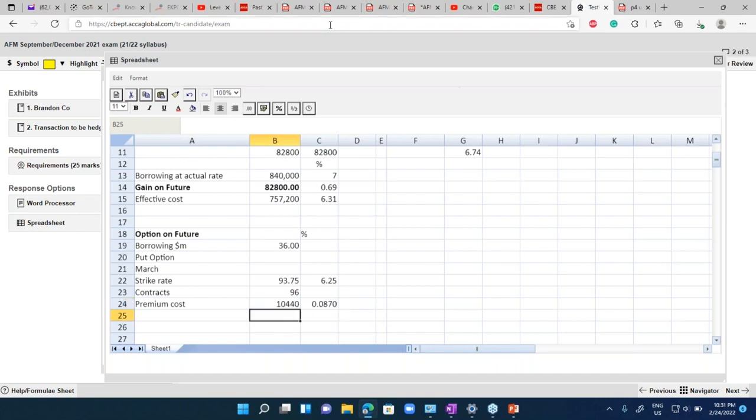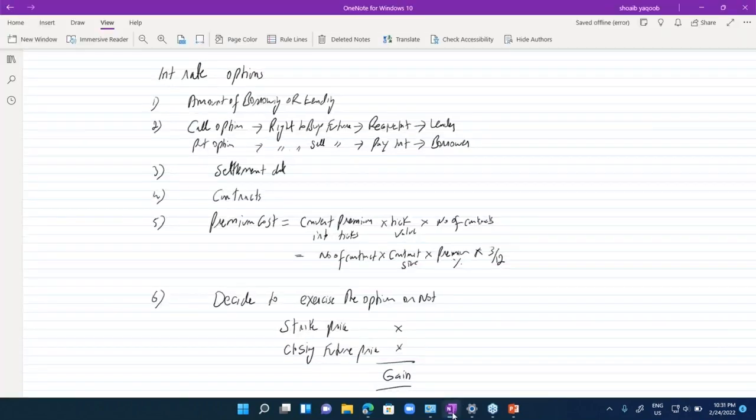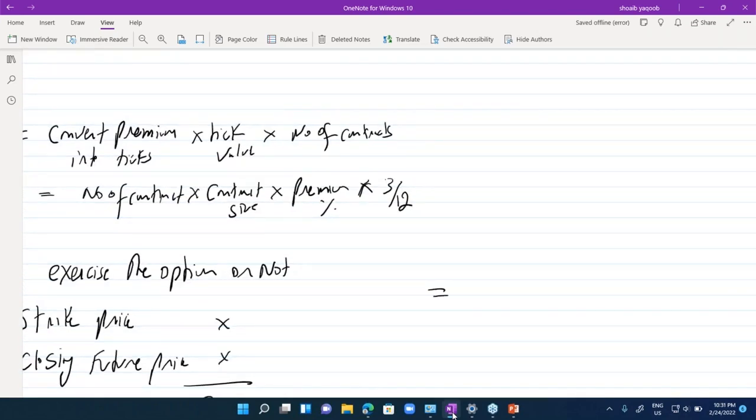You can also use this way. Tick value formula is contract size into 0.01% into 3 by 12. Okay.